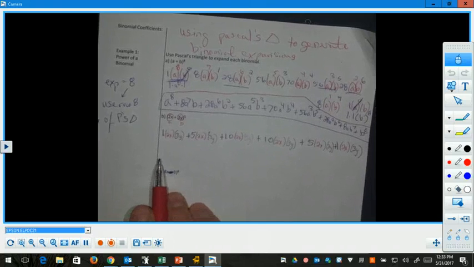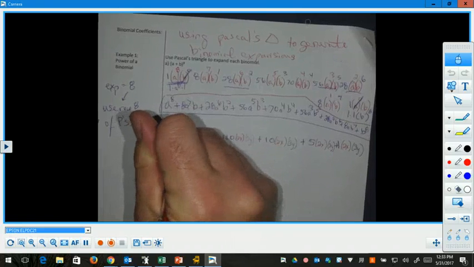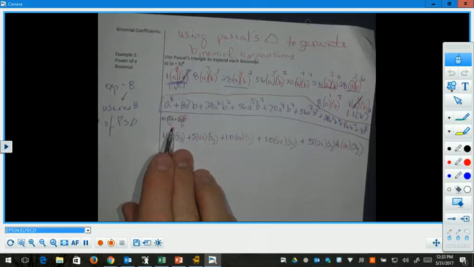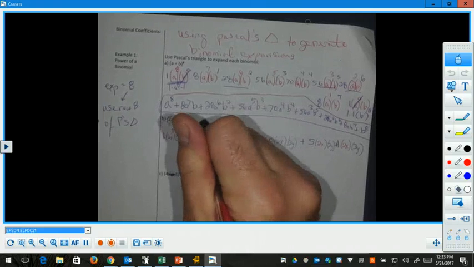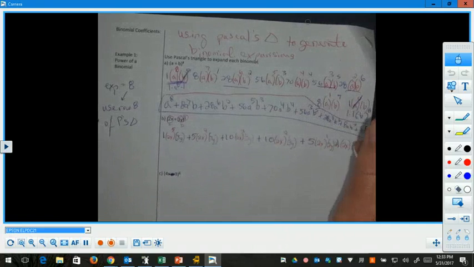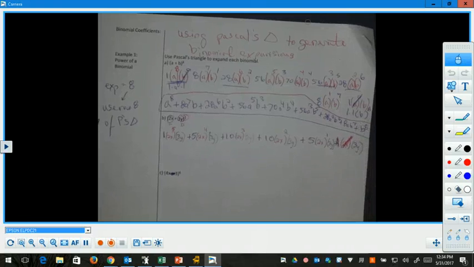Now that we've had those, we actually need to put our exponents on this. The highest degree is 5, so our first term, that first part, will be raised to the 5th power. In the second term, it'll go down 1 to 4, 3, 2, 1, 0. I'm going to cancel this out because I know it means multiplication of 1, and 1 times 1 is 1, so I don't really have to worry about writing that part down.